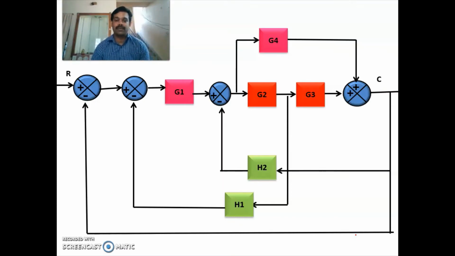The rules are: first, combining the blocks in cascade, then combining the parallel blocks, then moving the branch point ahead of the block, then moving the branch point before the block, similarly moving the summing point after the block and moving the summing point before the block, then splitting the summing points, interchanging the summing point, combining the summing point, then elimination of feedback loops.